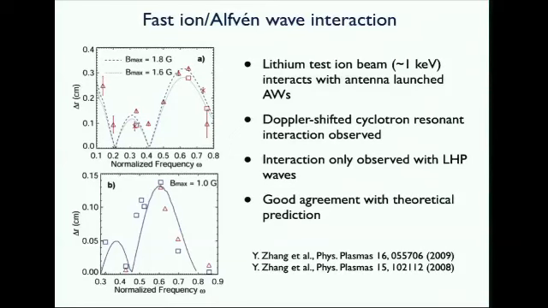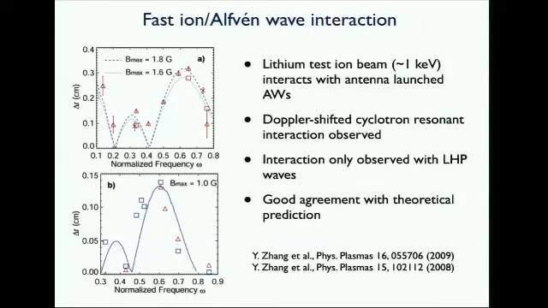But we have studied, again, led by Bill's group, interaction between this fast ion test beam and Alfvén waves, and in particular, looking at Doppler shifted cyclotron resonant interaction. I won't go into all the details, but basically you get good agreement with things that you expect physically.